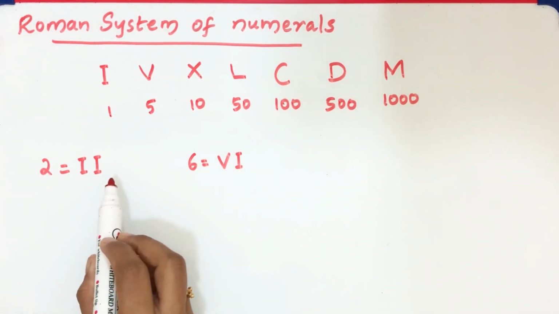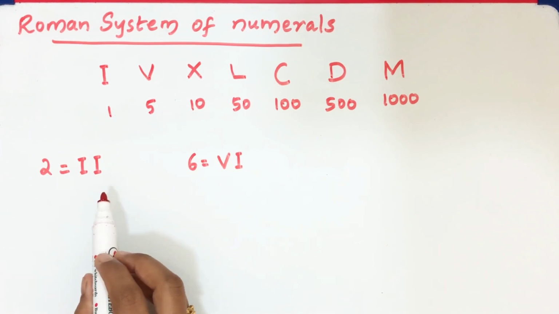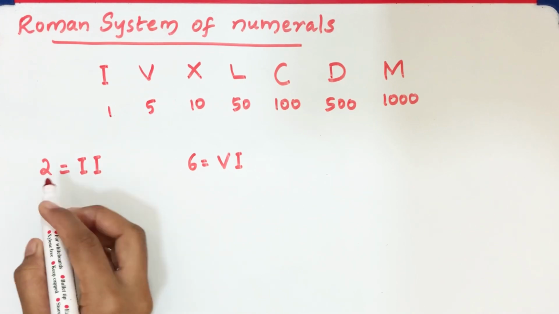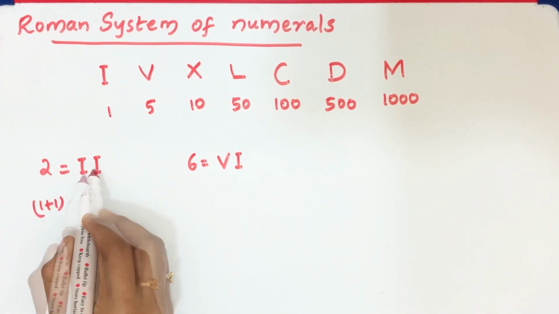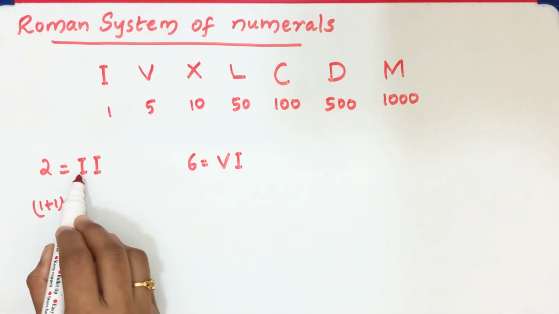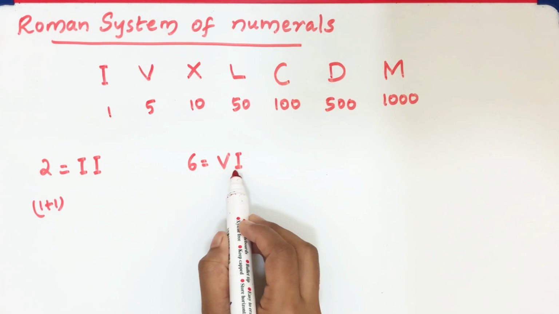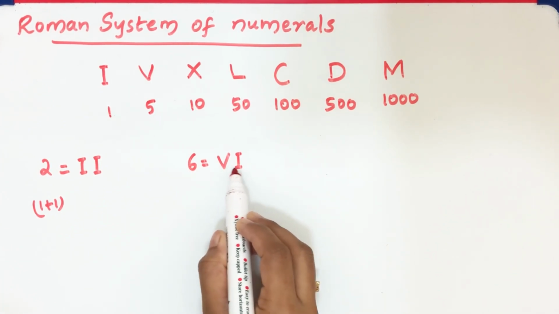So the first rule is, a symbol placed after another of equal or greater value adds its value. Here to get 2, we know 2 is 1 plus 1. That is, we placed 1 after 1. Then it added the value. Here we placed 1 after 5. 5 is a value greater than 1.